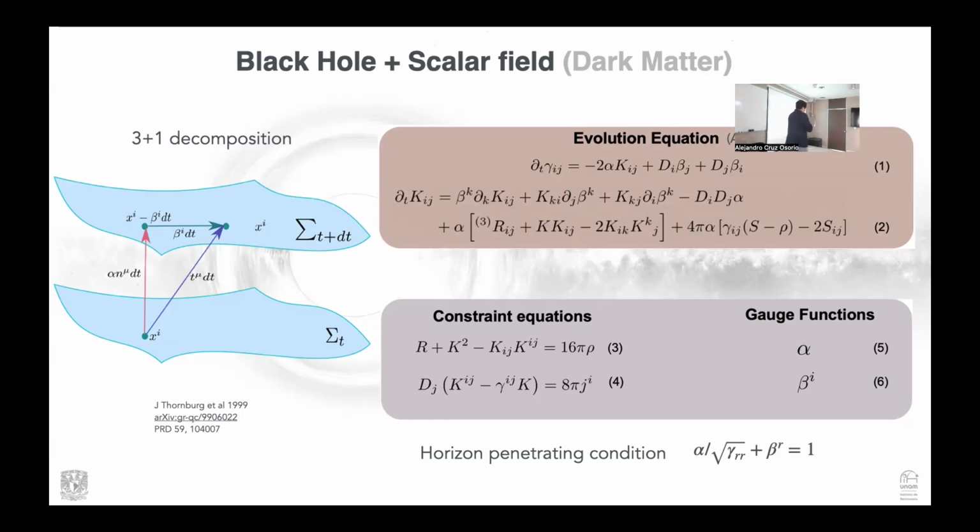On the left-hand side, we have gravity, the geometry of gravity. And on the right-hand side, we have the connection to the matter. Yes, this is the Einstein equation, but it is very compact in the covariant way.